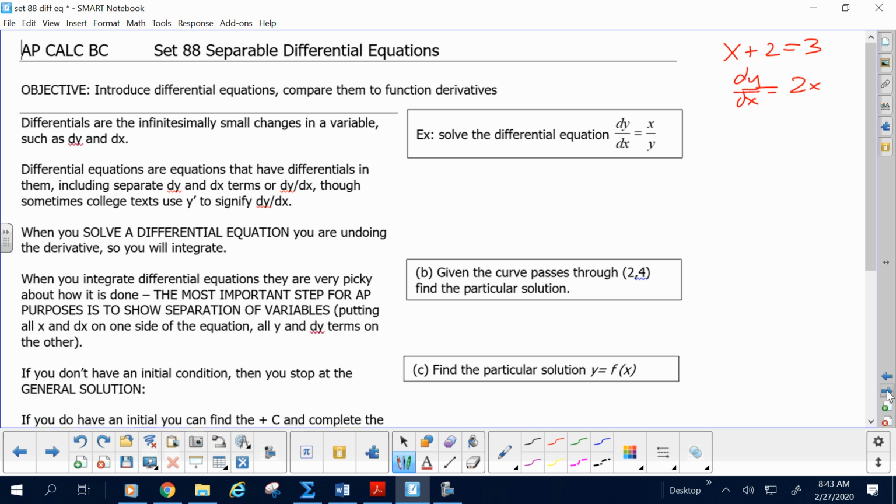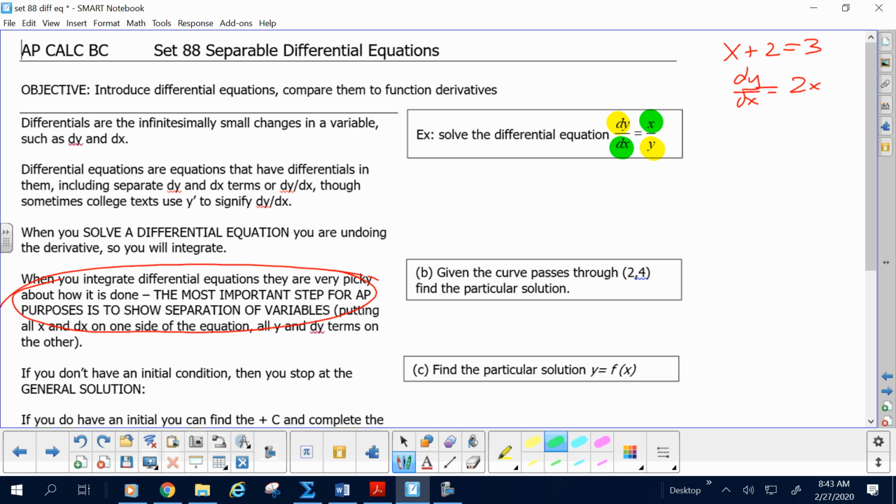So the very first thing you do, and the most important step in terms of AP points, is you separate the variables, all right? Now when I say separate the variables, that means put y's and dy's together on one side of the equal sign, and x's and dx's together on the other side.